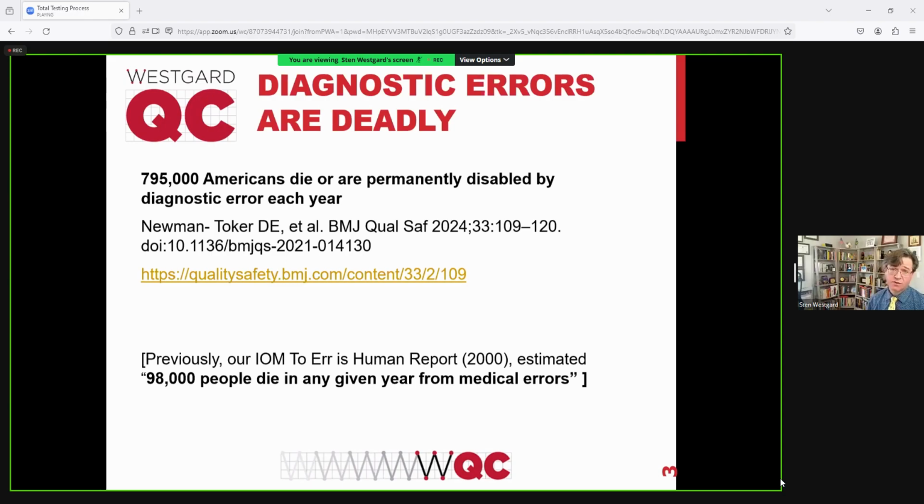That was back in 2000, and that was saying about 100,000 people die from medical errors. Now, this new estimate is including not just deaths, but other kinds of injuries. But on the other hand, it's narrowing its field to diagnostic errors.